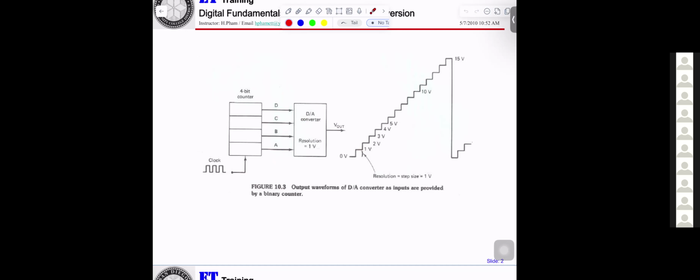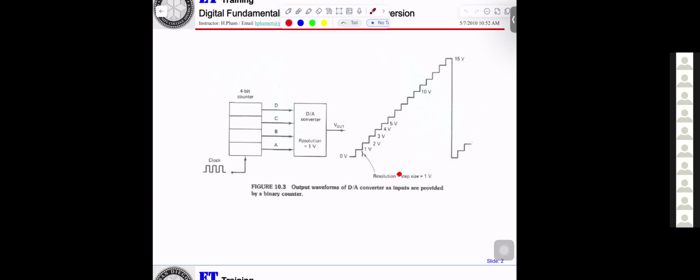When they go into the device, the DA converter, digital is converted to analog. This is simple, try to understand. The resolution is 1 volt. Now, if you get the clock, the counter will count 0 to 15. You see that 0 here? It goes up to 15 and tries again, keeps going. 0 to 1 volt, 2 volt, 3 volt.